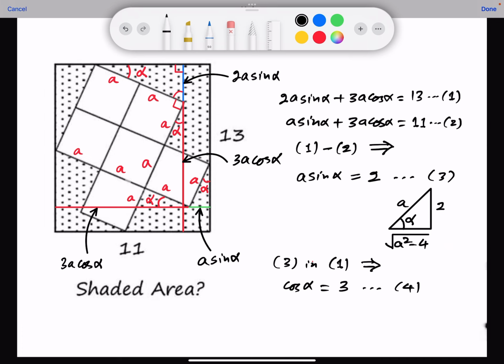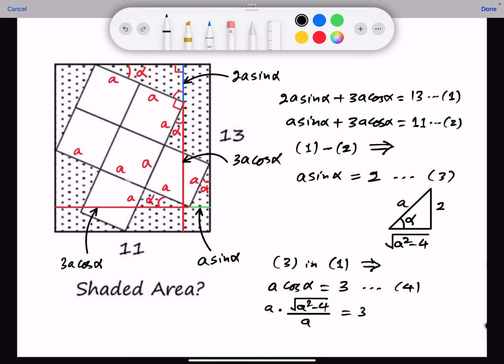Now, using the right triangle that we have just drawn, A multiplied by cosine alpha is basically equal to the square root of A squared minus 4 divided by A, times A. So A is going to get cancelled with A, and that's going to be equal to 3.